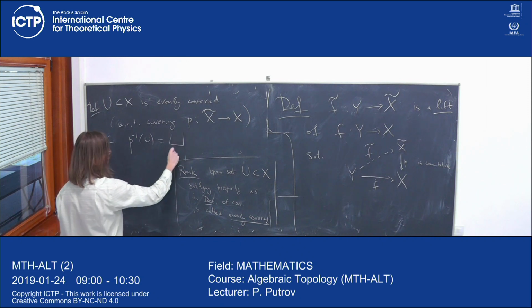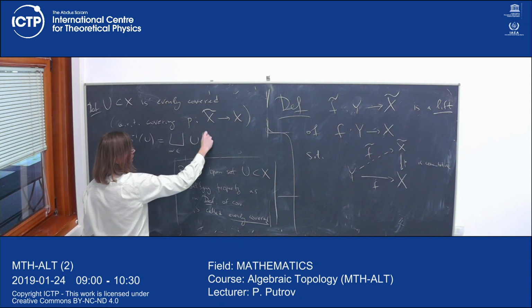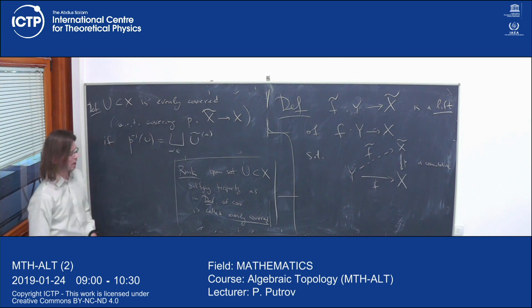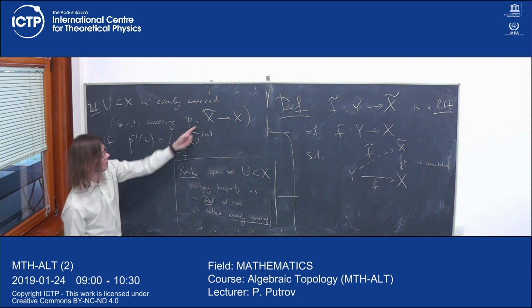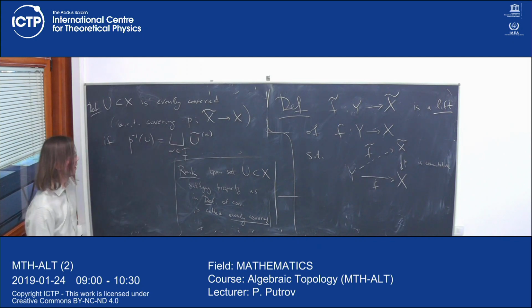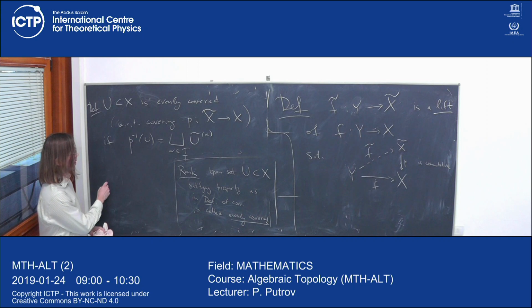So this is a disjoint union of a bunch of open sets in X tilde, which means they're pairwise disjoint, with pairwise zero intersection.